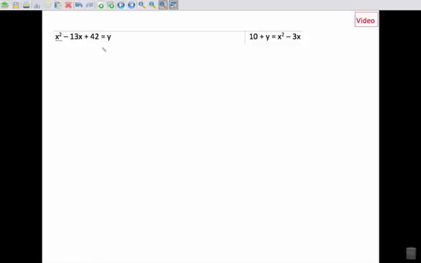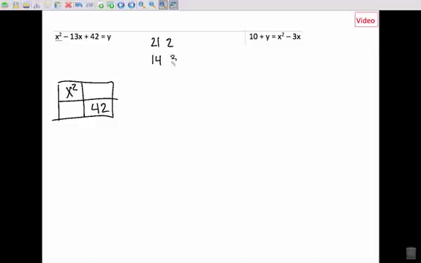Let's look at x squared minus 13x plus 42. So I have the same factors here, so I'm going to set up the same box. This time, though, we have a positive 42. And if we look at our factors, positive 42, we have 21 and 2, 14 and 3, 7 and 6.